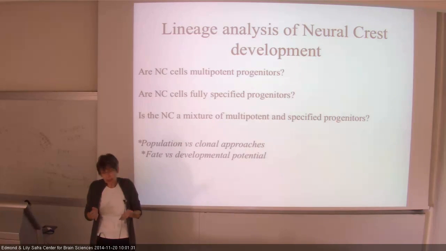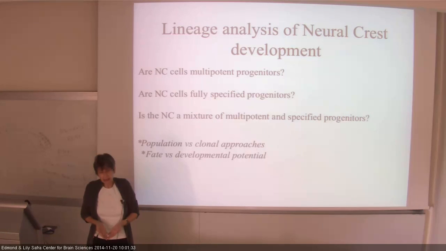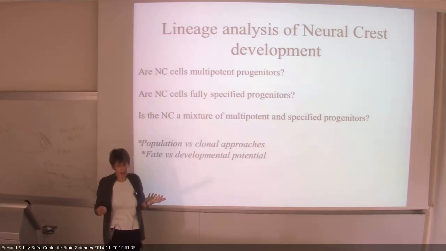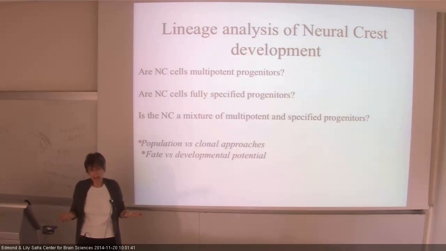Now we know that trunk crest is able to generate glia, so it's not surprising that if we graft it into the head, they will generate glia. It's not surprising either that they will generate different types of neurons. Does this mean that they are multipotent? Not necessarily. They also observed death of cells, but they didn't know how to interpret it.